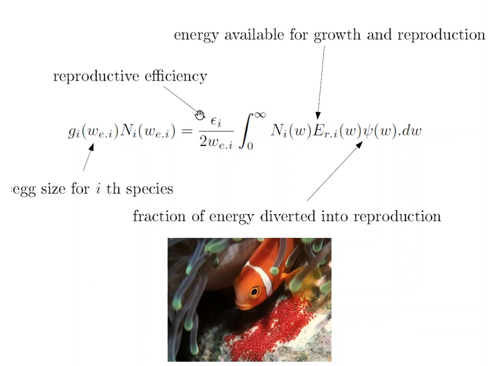And then we have to take account of limited reproduction efficiency, and we get how much energy is being put into reproduction. We have to divide that by the egg weight. That gives us how many eggs are being produced. And this acts like a boundary condition in our partial differential equation, telling us how much mass is flowing into our system from the left-hand side, from the smallest weight individuals.